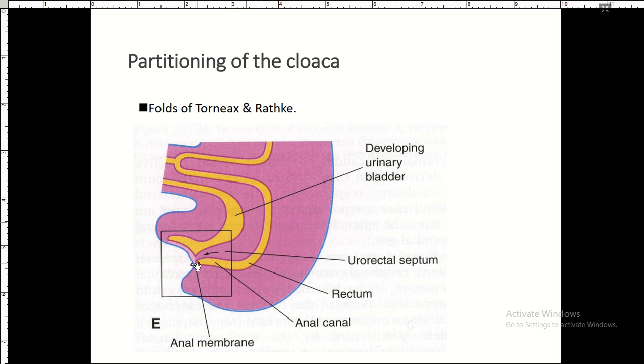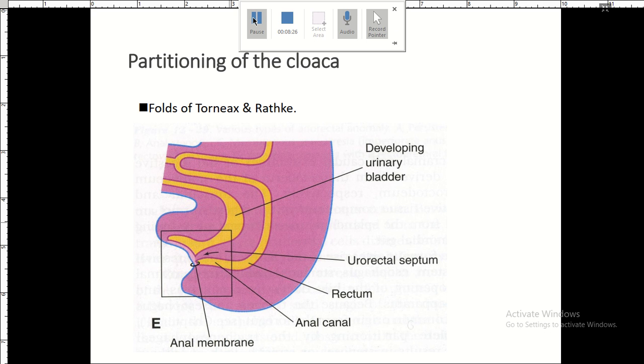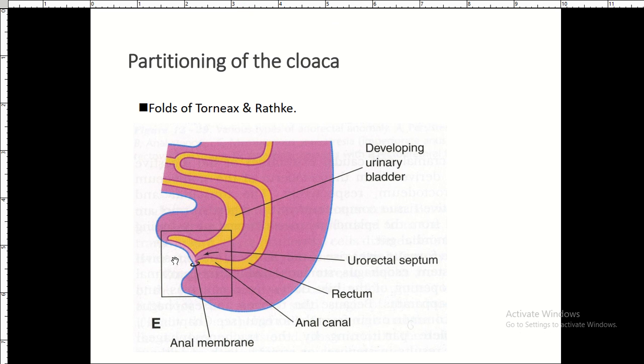right? And you need to understand that this anus, the anal canal, has a dual origin. It originates from the upper 2/3 of the anal canal, which comes from the endoderm itself.